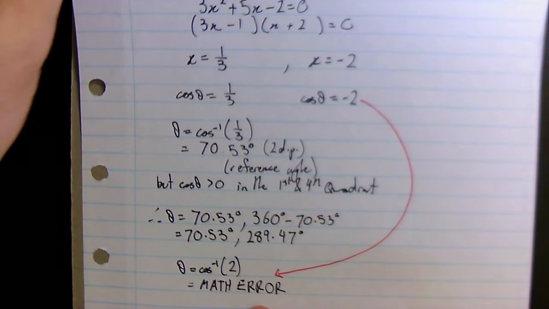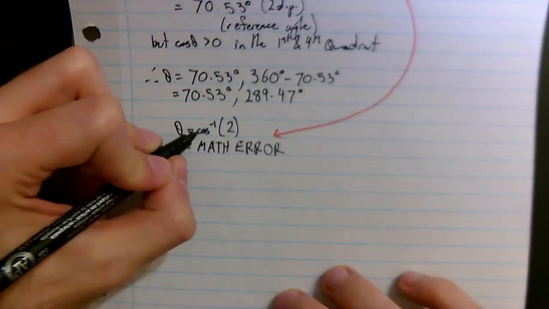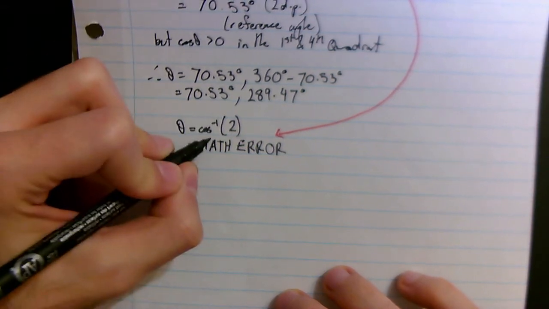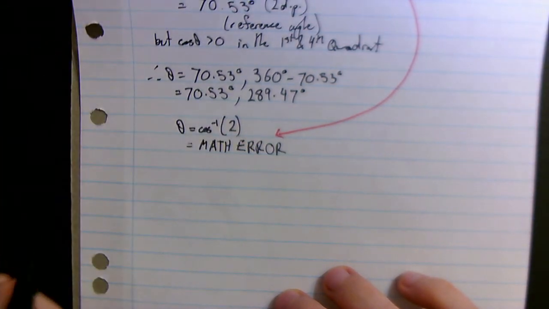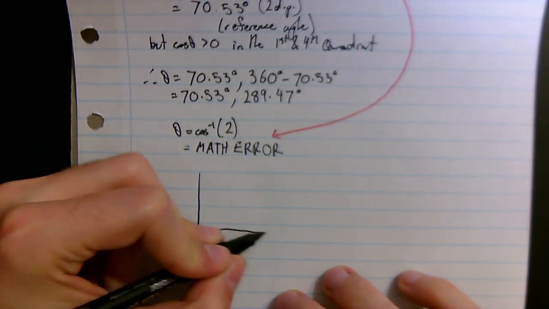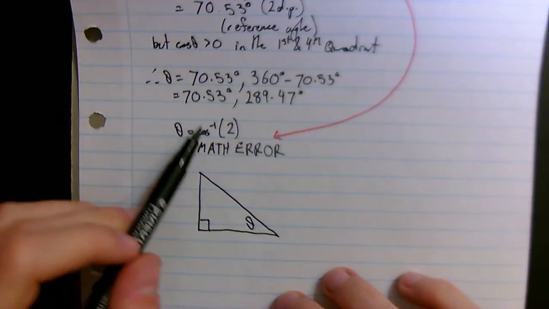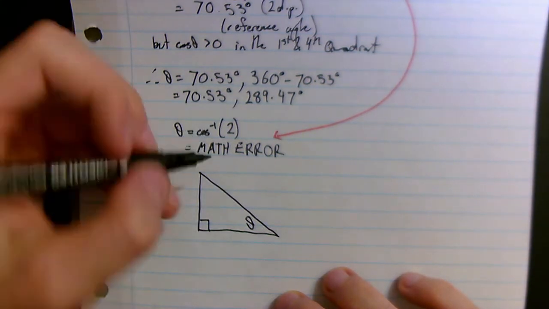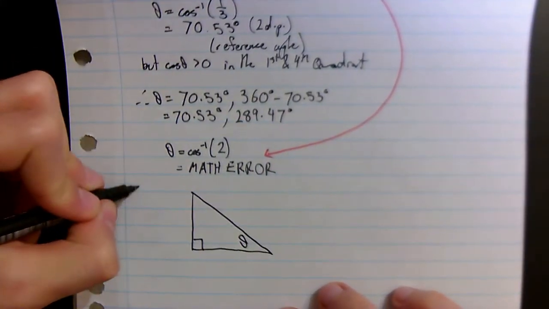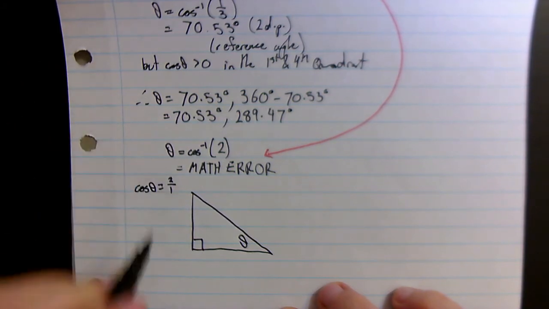Now why is this? The reason is to think about how we define these functions, sine, cos, and tan, and it all came from right-angled triangles. Let's say we had a theta here. Now if we go back, we're saying cos theta is equal to 2, which I can express as 2 over 1.